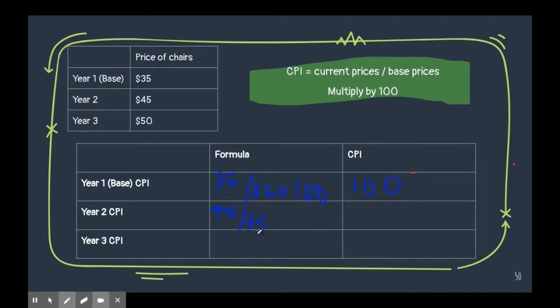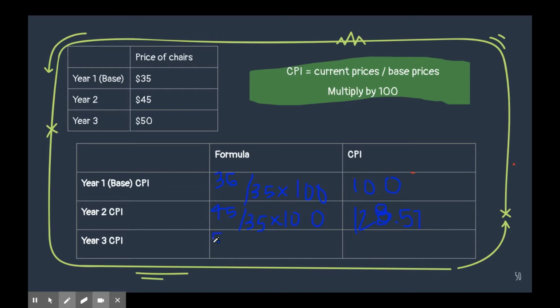That gives us 1.28, times 100, and this gives us 128.57. And the last one, we have year 3.